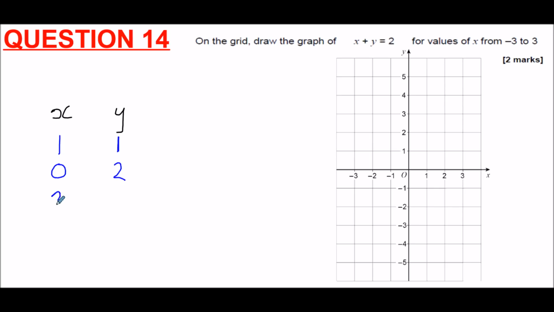Or maybe x could be 2. And if x were 2, y would have to be 0, because again 2 plus 0 equals 2. And so these are just possible points we could have, because all these would meet the criteria that x plus y equals 2.